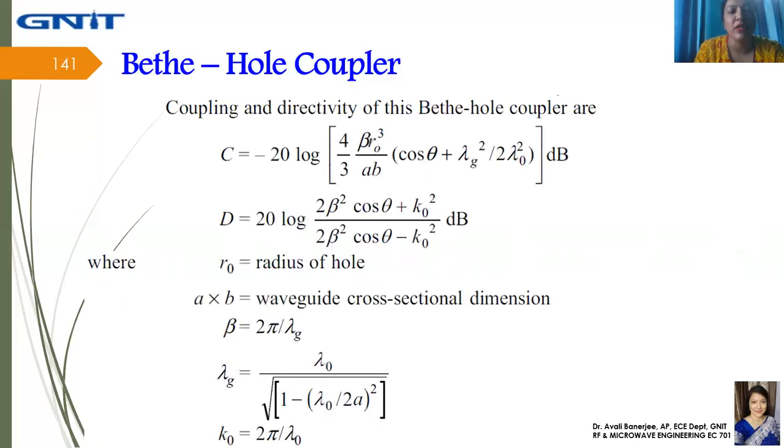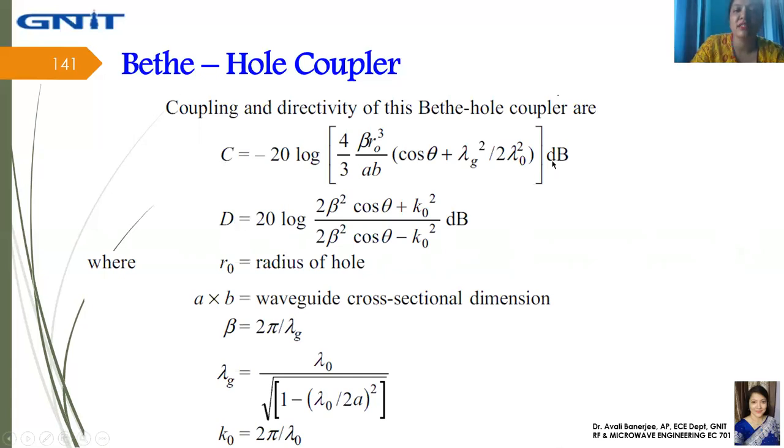So for the center coupling hole, since practically P4 is not equal to 0, the directivity is finite. The coupling and directivity of this Bethe hole coupler are denoted by C for the coupling and D for directivity.